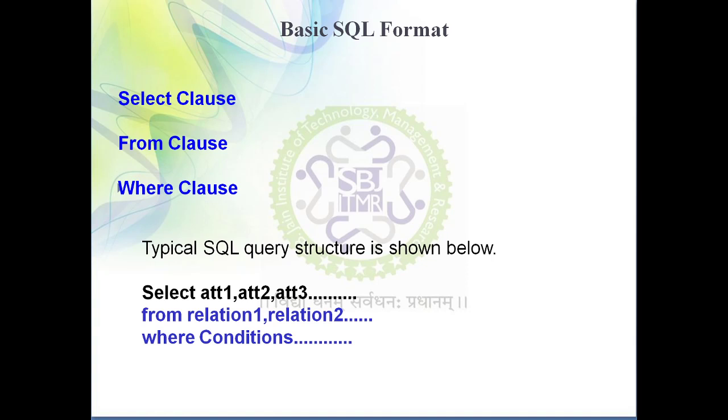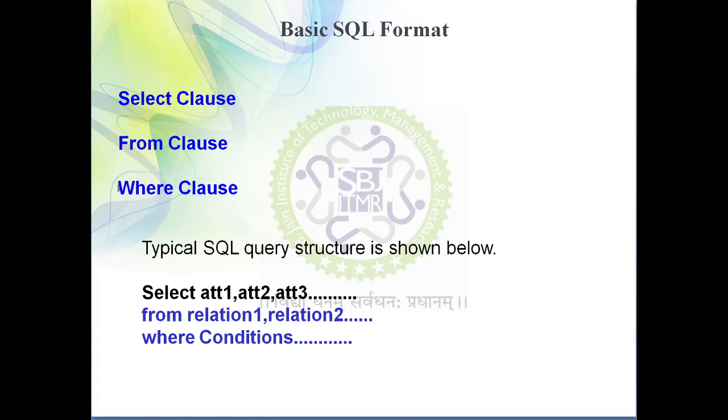It consists of mainly three clauses: select clause, from clause, and where clause. What is the use of the select clause? Select clause is used to specify the attribute names that we want to fetch from a table. For example, I have created a table called employee, and I need to display all the attributes of the employee table. Then I can use the select clause. I can write select star from emp, so it will display all the attributes and all the rows from the table.